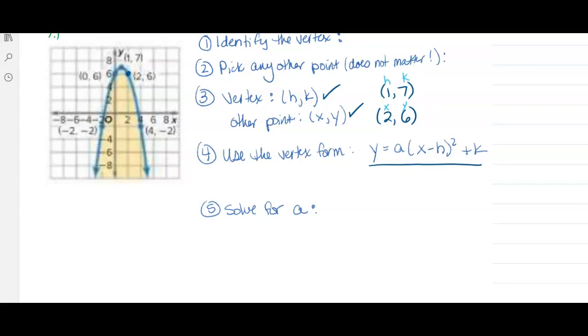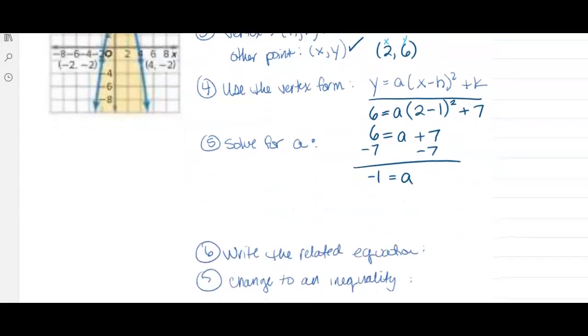And I just plug these 4 numbers into my variables here. y is 6, a, I don't know what that is, x is 2, h is 1, k is 7. So solving, 2 minus 1 is 1 squared, it's just 1, plus 7, subtracting 7 from both sides, a is -1.